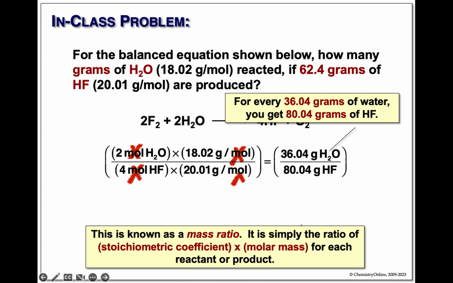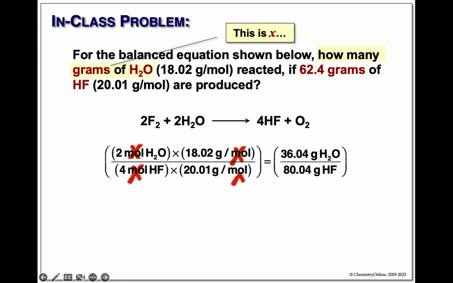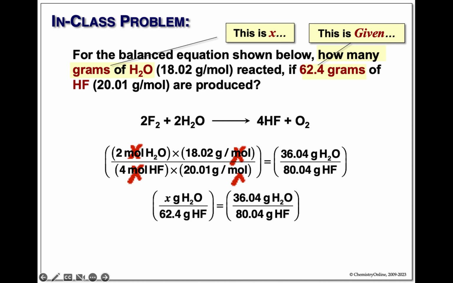Stoichiometric coefficient multiplied by molar mass. All right. We can use this ratio as our known ratio. This is our unknown. This is our given. Unknown over given, and here's our mass ratio.